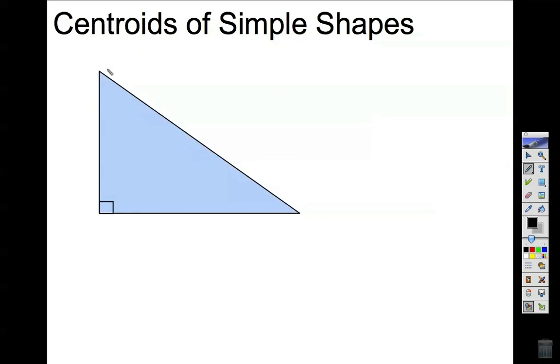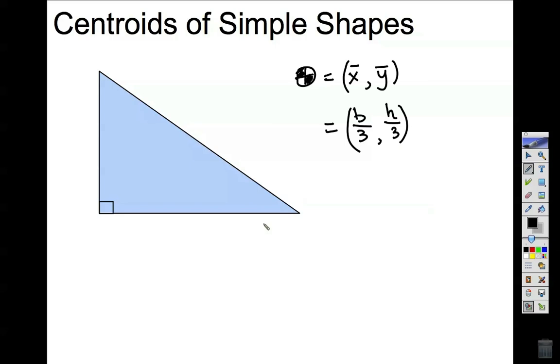Alright, here we have a right triangle. In order to find the centroid of that right triangle, that one is base divided by 3 and height divided by 3. So this is my base, this is my height, and that means the centroid is somewhere right here.